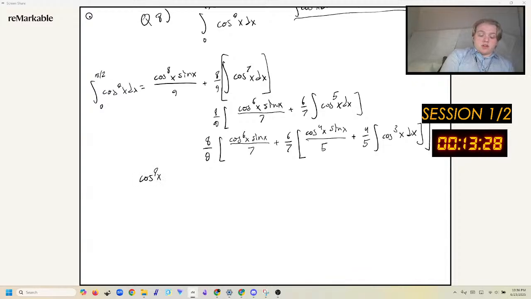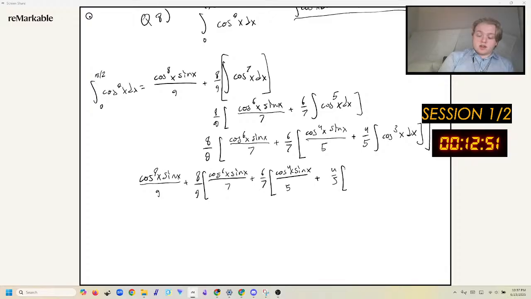We bring down the stuff from before: cosine 8x sine x over 9 plus 8 over 9 times cosine 6x sine x over 7 plus 6/7 times cosine to the 4th power of x times sine x over 5 plus 4/5 times cosine squared x sine x over 3 plus 2/3 times the integral of cosine x dx.